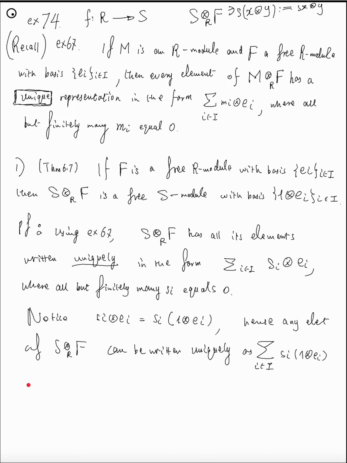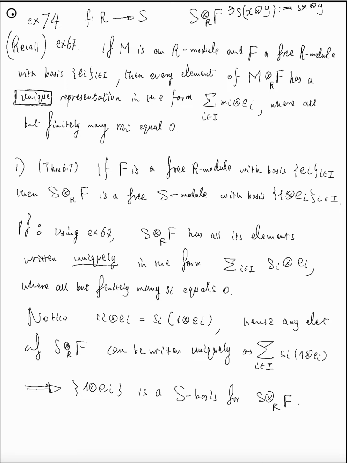And this is saying that this forms an S basis for this S module. Firstly, it's generating. Secondly, why is there linear independence?